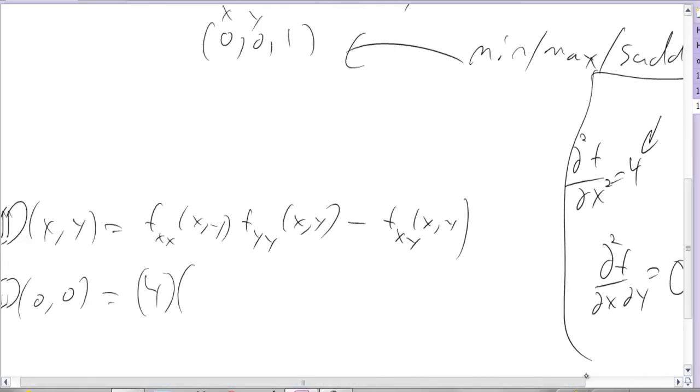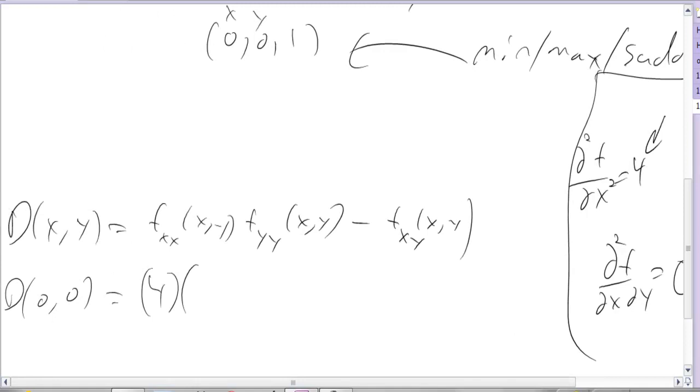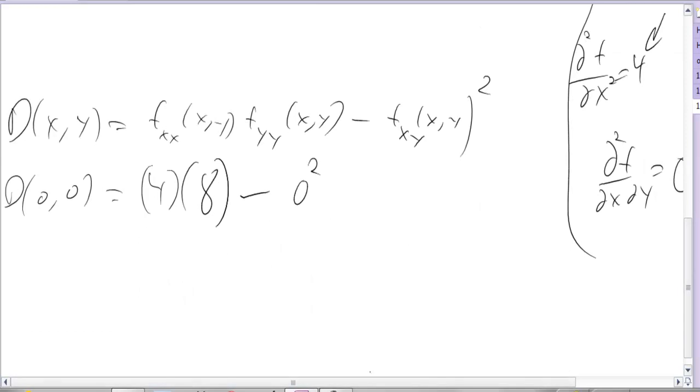There it is. 8 minus, now this one was just 0, squared, 0 squared. So that's going to give me 32. So d of 0, 0 is 32.